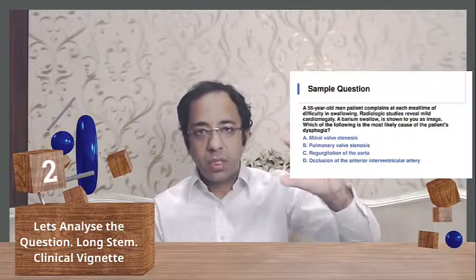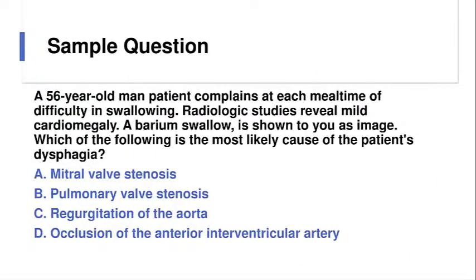This is a question which is a long stem. You see 4 choices, and you see a clinical vignette style of a question where you have a clinical problem with you. Let me get the question in perspective for you. It seems at the outset that we are probably looking at a surgery question or a medicine question where you have a patient, a 56-year-old man, who complains of difficulty in swallowing at mealtime.